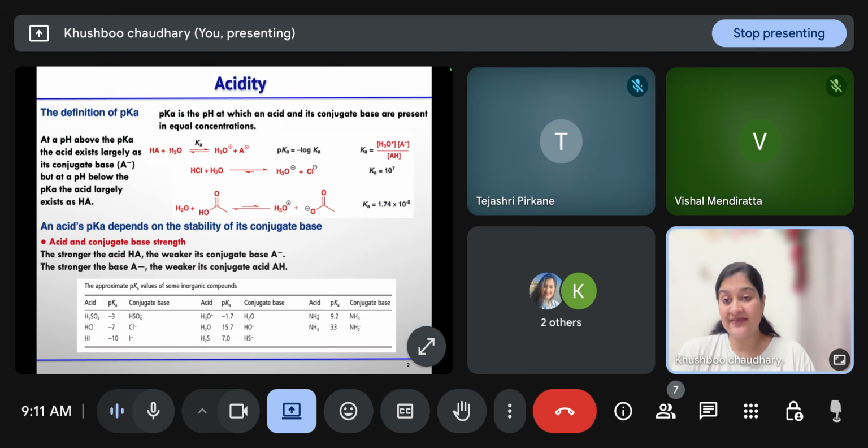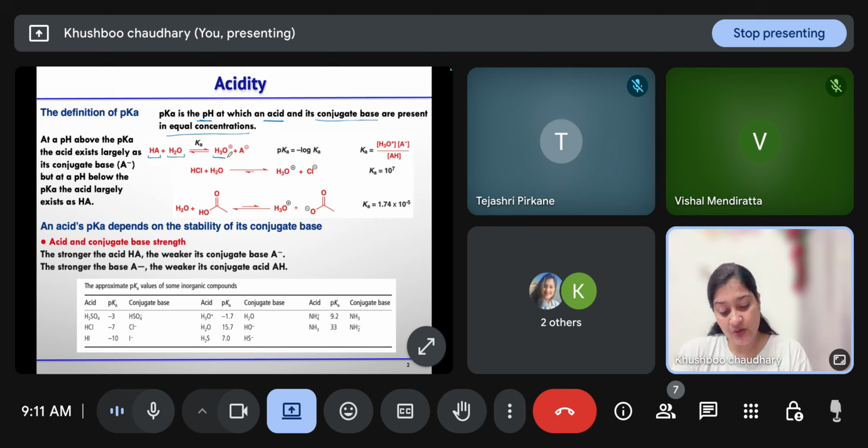Now how we will define pKa? So pKa is that pH at which acid and its conjugate base are present in equal concentration. Now first, what is a conjugate base? After releasing a proton, whatever species you get is the conjugate base of that acid. For example, if we have HA as an acid and we are dissolving it in water, it will release H+ ions.